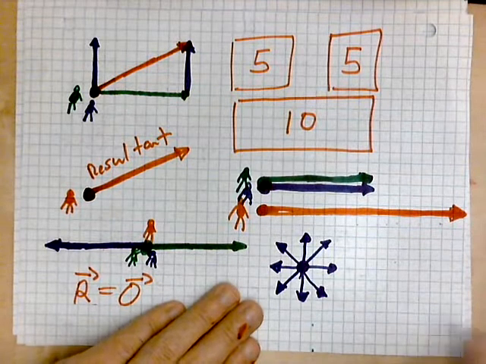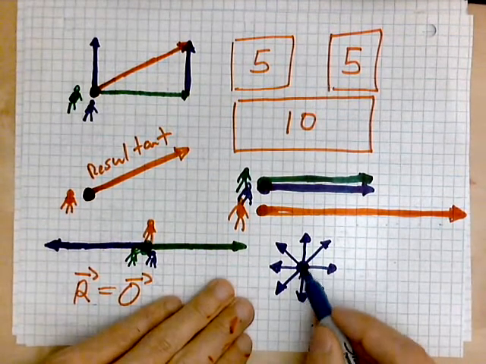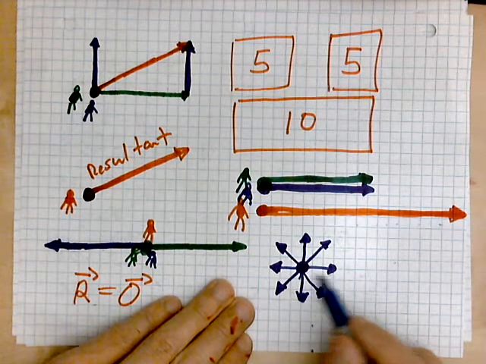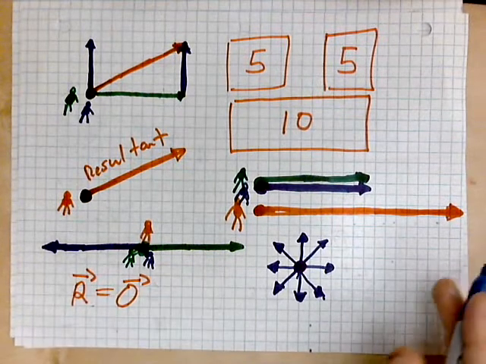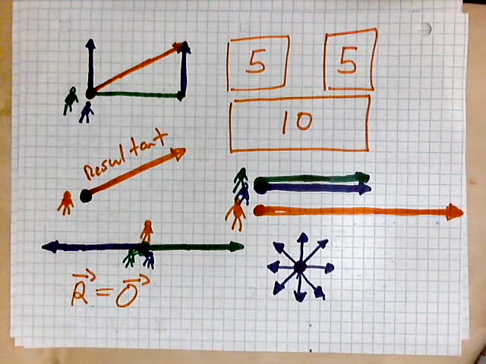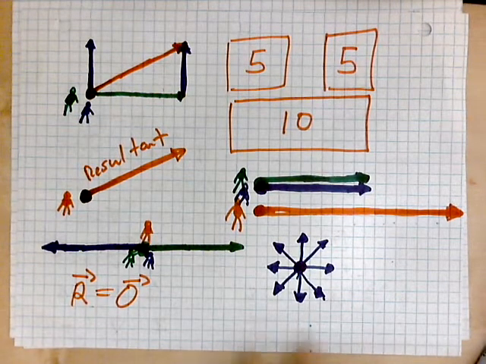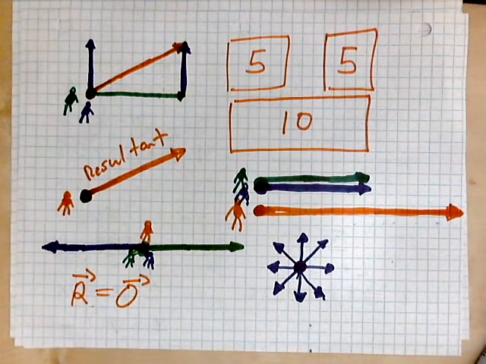Okay? So here's our little object. And you've got guys pushing on it. One this way, one this way, one that way, one to the left, one to the right, one up, one down, and so on, okay? So now the question is, what is the resultant? In other words, what is the one force you could apply to produce the same impact as all of these individual forces applied together?